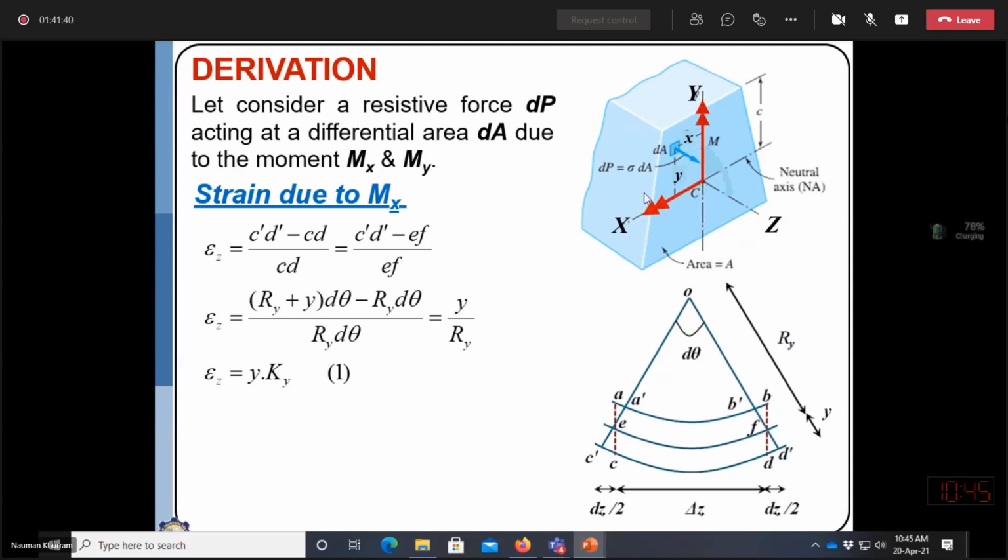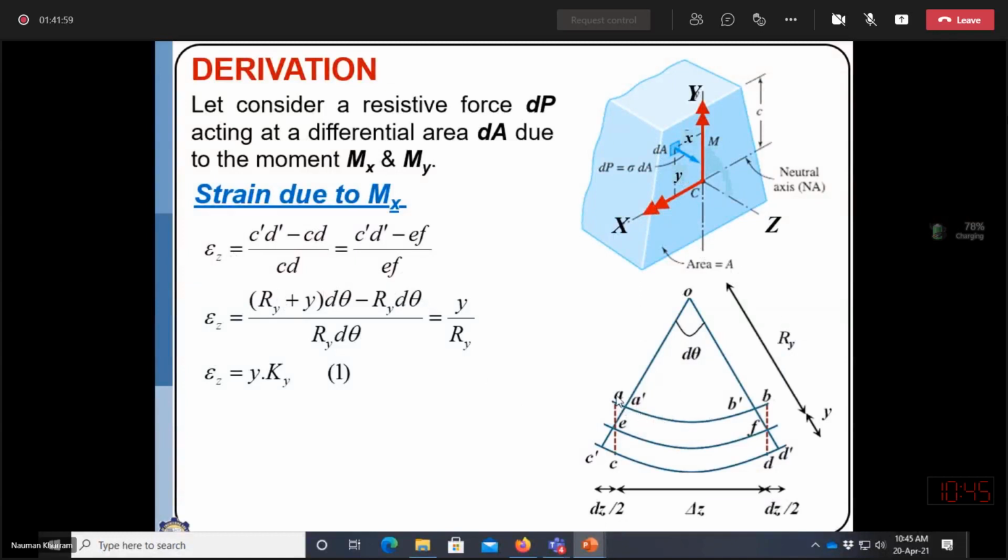So if the moment is acting about the x-axis, all cross-sections tend to rotate about the x-axis and deflection will be produced in the downward direction. So we can determine the total strain produced along the longitudinal axis by using this formula that we have already discussed.